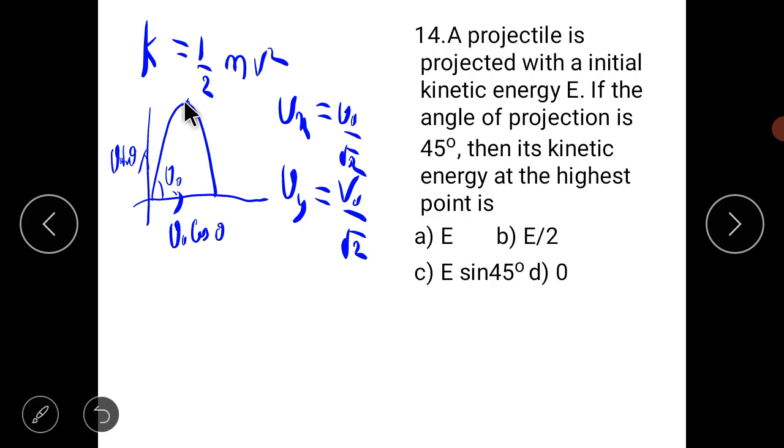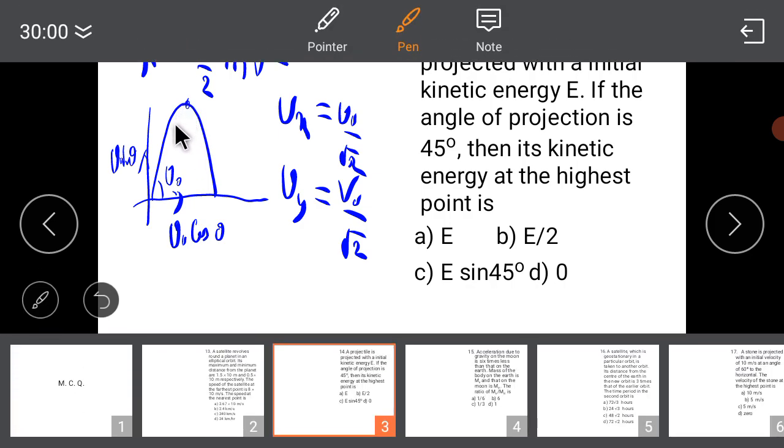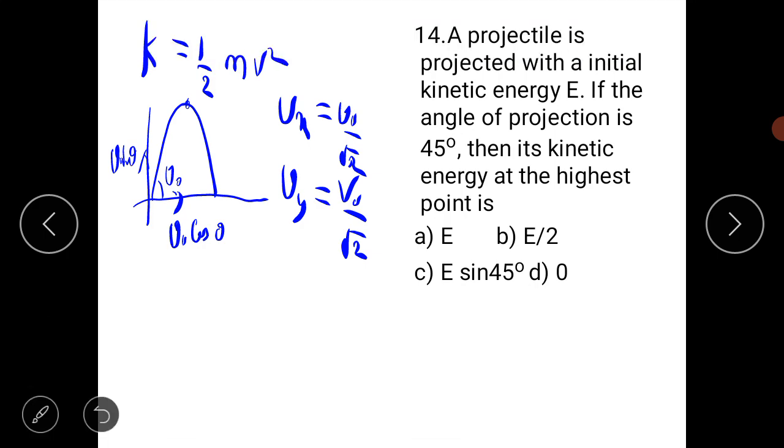See, for projectile motion, at the highest point, only the vertical velocity becomes 0. The horizontal component of the velocity remains the same throughout the motion.